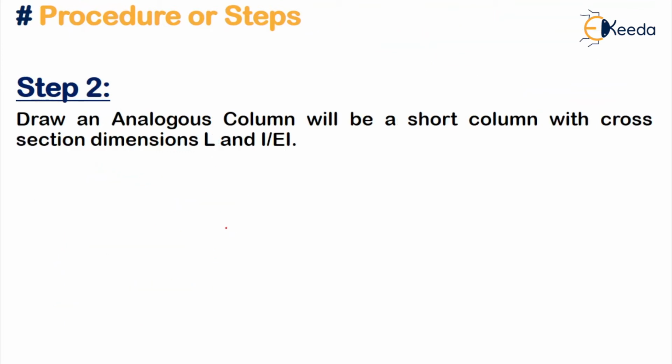Moving on to step 2. In step 2, you have to draw an analogous column, which will be a short column with the cross section dimension equal to L and 1 by EI. What does that mean? Now let me draw the figure for that. First I'll give you a 3-dimensional figure. First of all, what is the cross section?